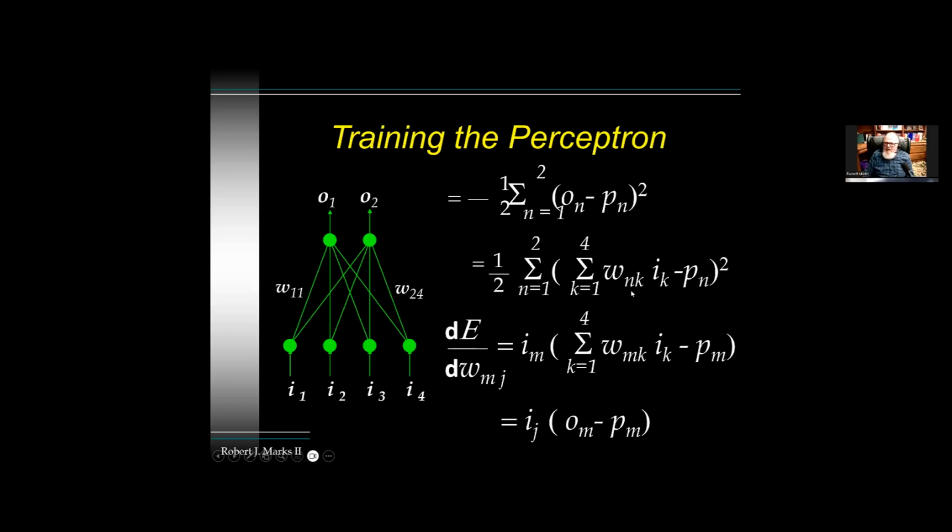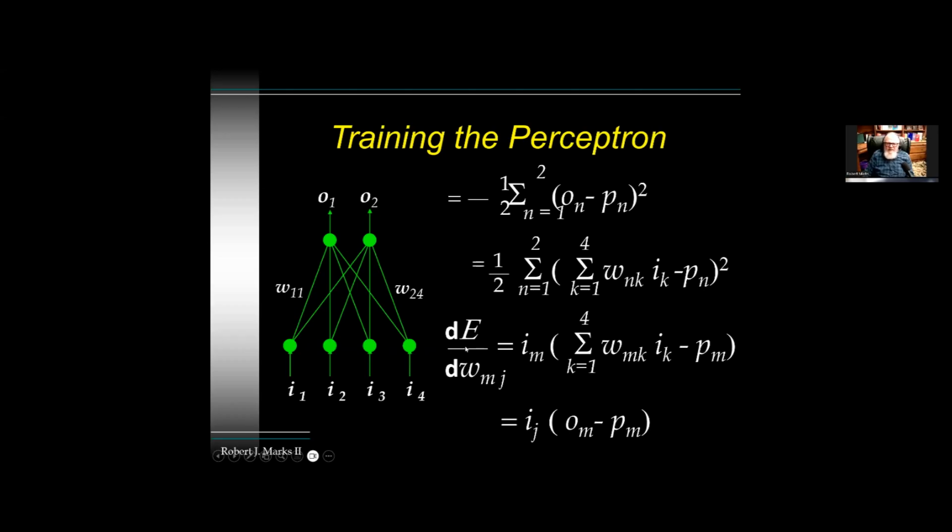W sub nk are elements in a matrix, I sub k are elements in a vector, and we're doing a matrix vector multiplication. So this result replaces our output, what we got, and then we subtract what we want. We square it, and that is the error.